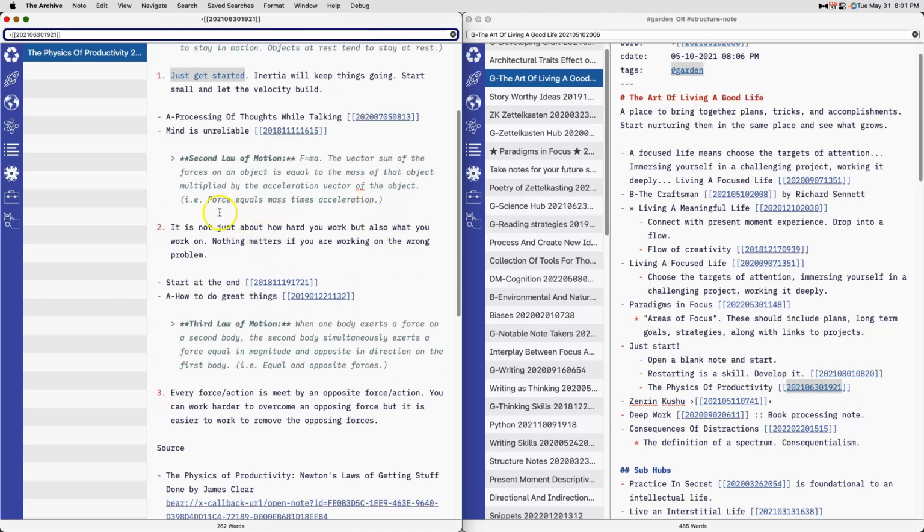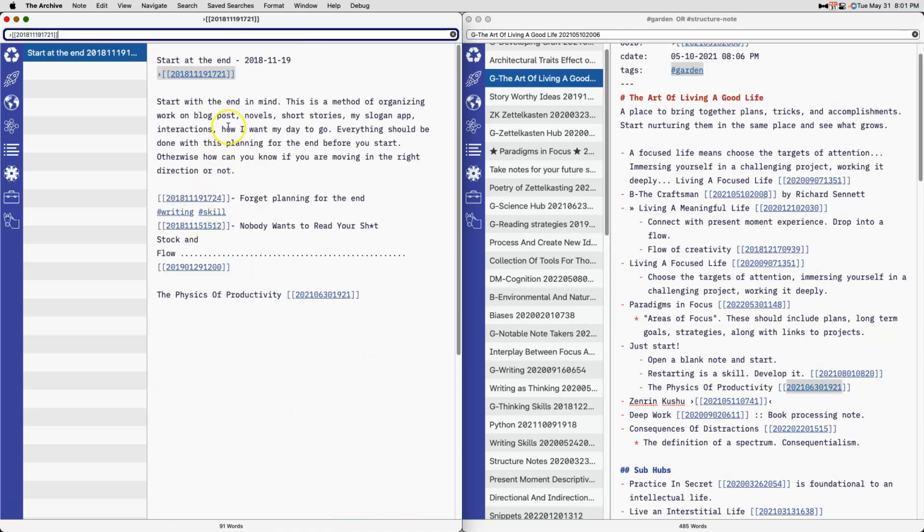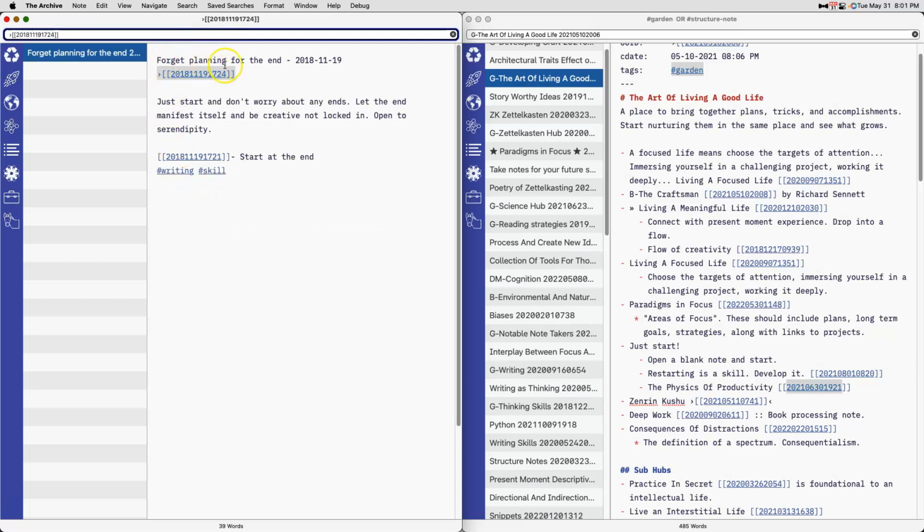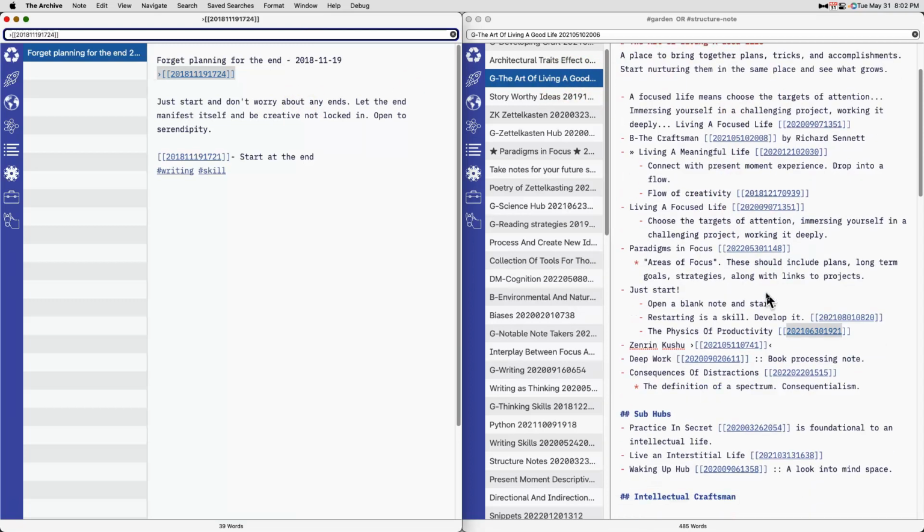Okay, well, you can see here that I've been able to explore this particular structure note, never losing the context of where I'm at, and been able to surf around and delve deeply into my archive, looking at different notes as I continue on my exploration, never once losing my place and being able to come back.